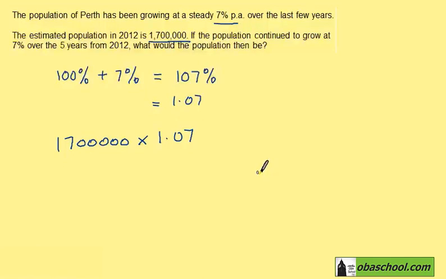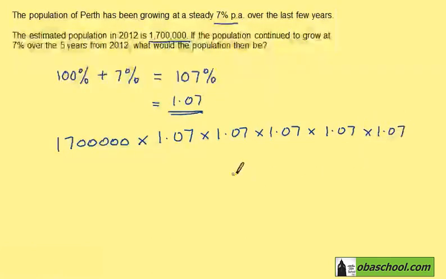Then to get the population at the end of 2 years, we'd multiply by 1.07 again. For the end of 3 years, we'd multiply by 1.07 again. 4 years, 1.07 again, and 5 years, 1.07 again.